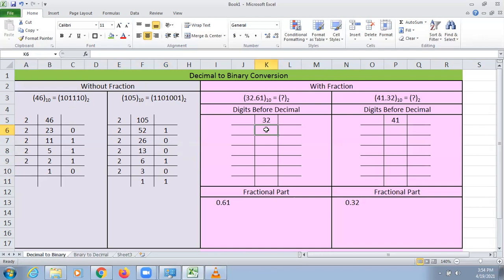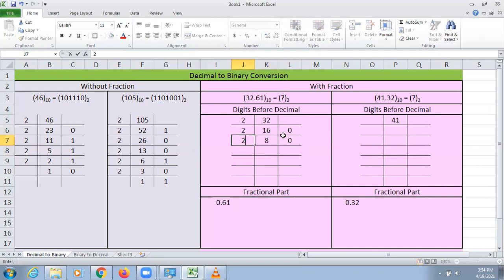Now let us consider an example which has a fractional part also, like 32.61. First let us divide 32. It will be like the normal number without fraction. So divide 32 by 2. 2 1s are 2. 2 6s are 12. Remainder is 0. Next is 2 8s are 16. Remainder is 0.